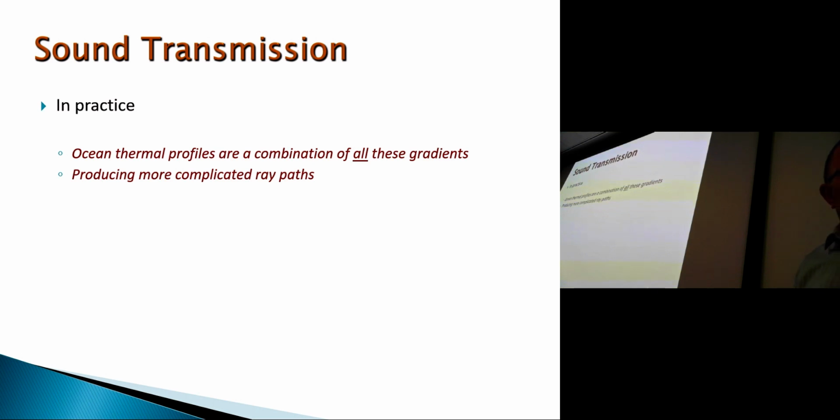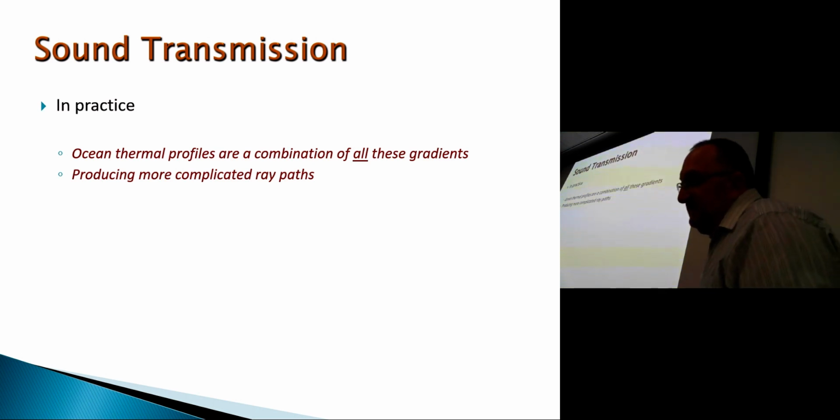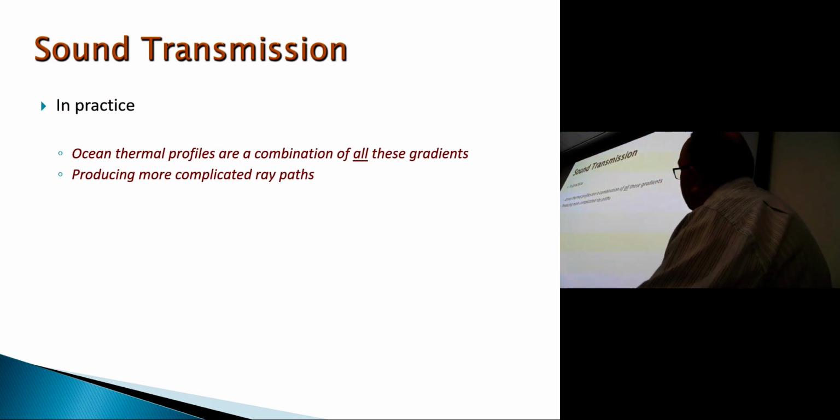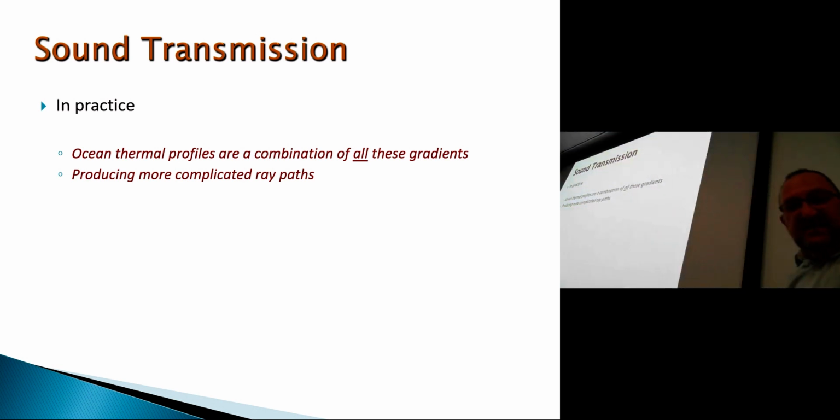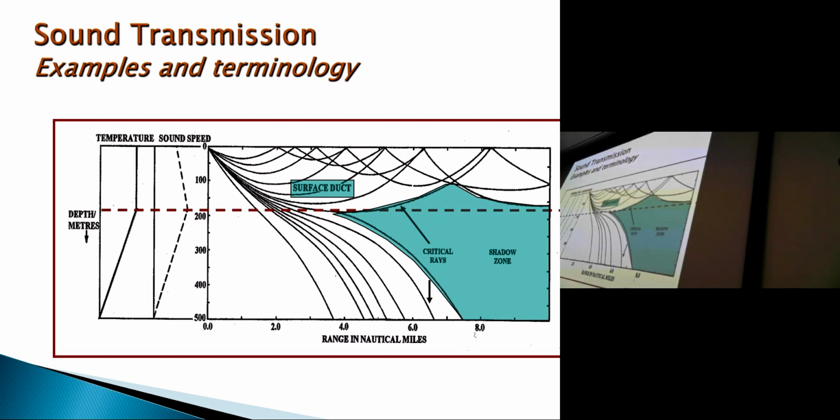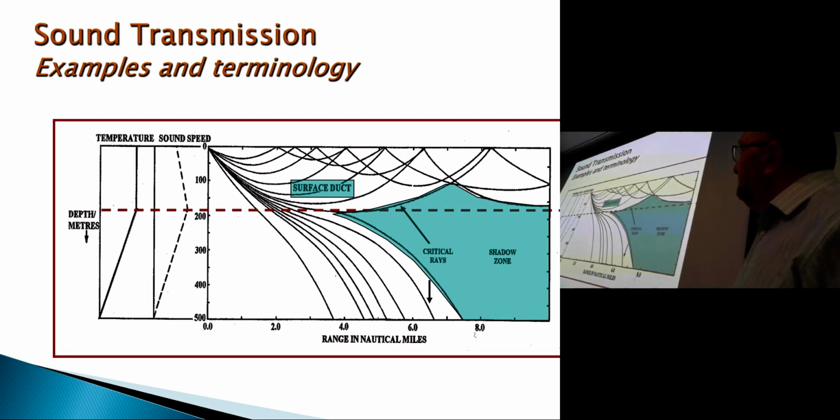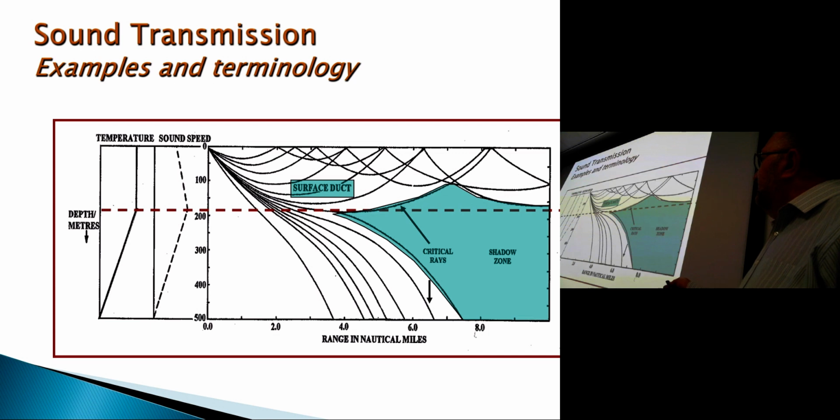But in practice, it's never as simple as that, obviously. You get a mixture of all of these things, and you get some very complicated ray paths. So, an isothermal layer at the top, so we've got a little bit of bending. Then it goes negative, so it all bends downwards. And I mentioned this isothermal layer, we have what's called a surface duct.